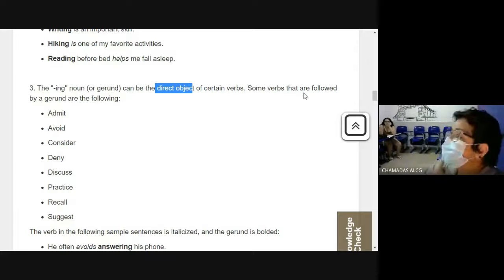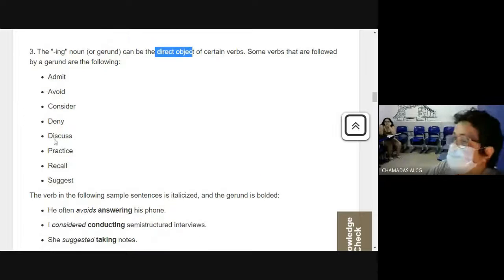Some verbs that are followed by a gerund are, here we have a small list, okay? There are more. Admit, avoid, consider, deny, discuss, practice, recall, suggest.